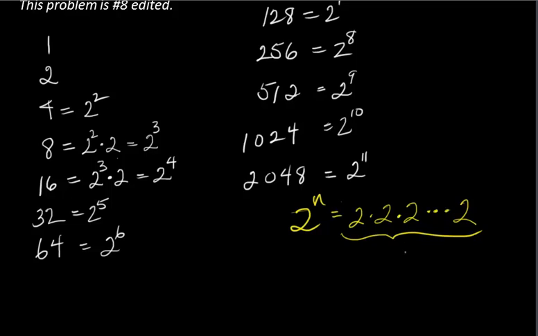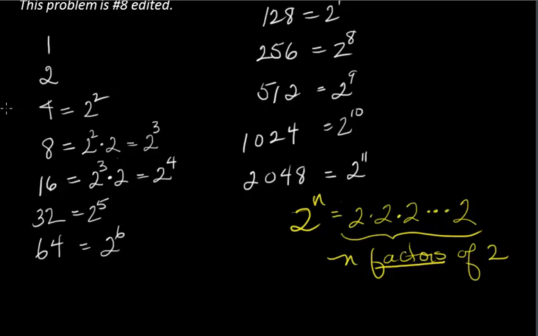This is n factors of 2. A factor is part of a product. So 2 is a factor n times.